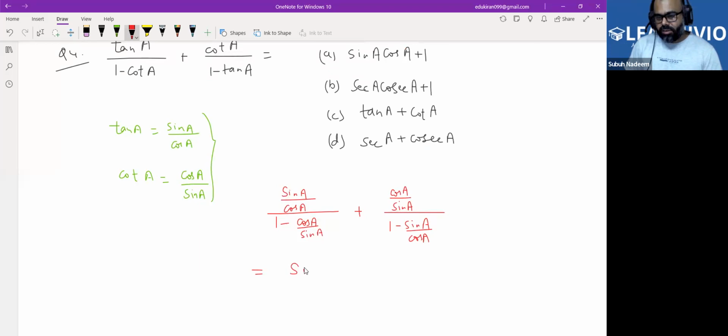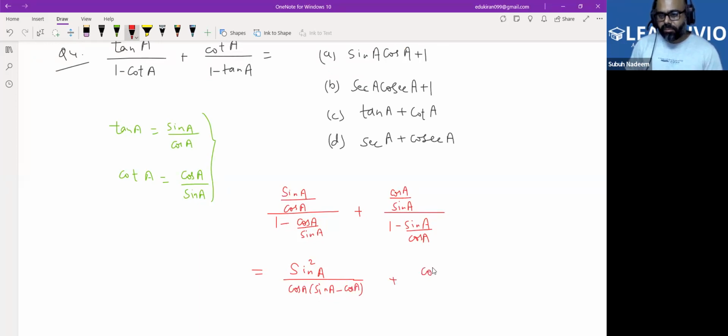Yes, sir. I got sin square A by cos A into sin A minus cos A in brackets. Correct. And what about this one?